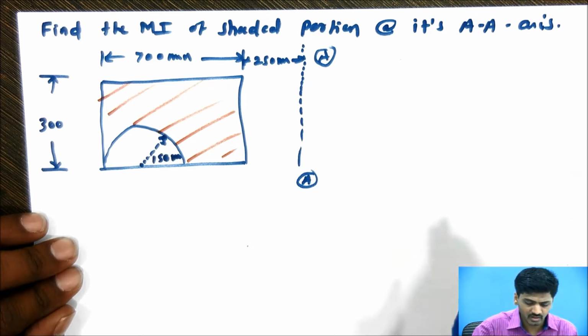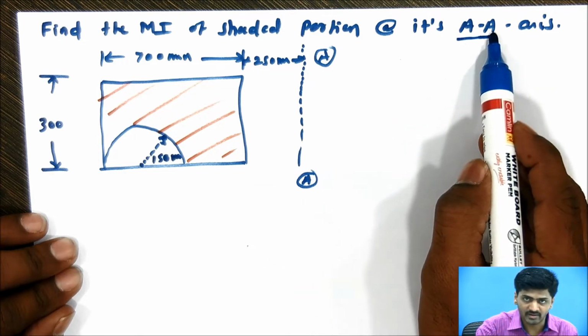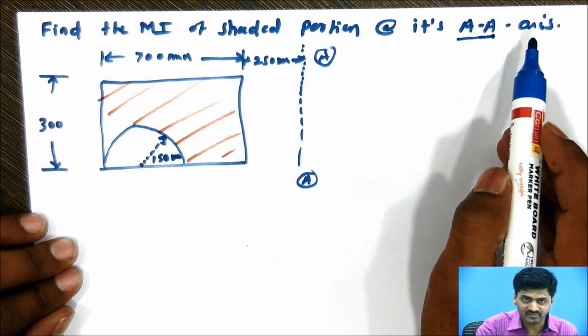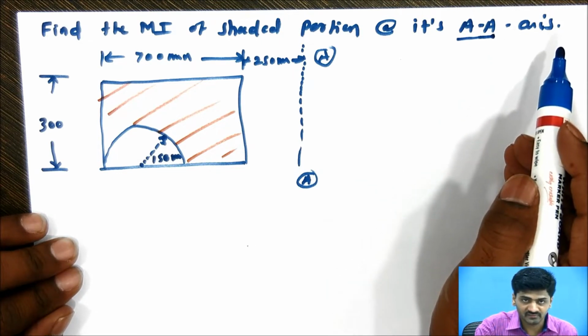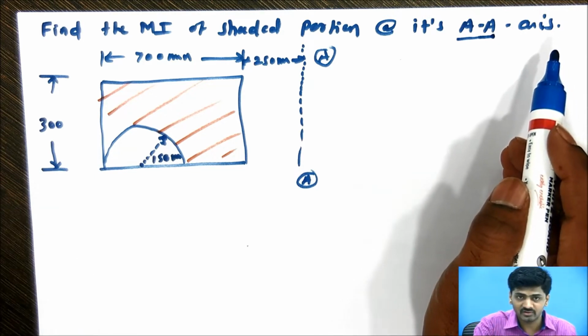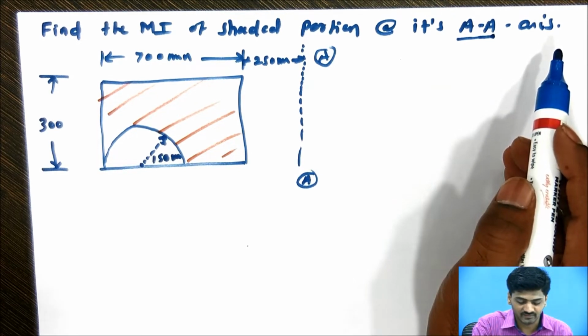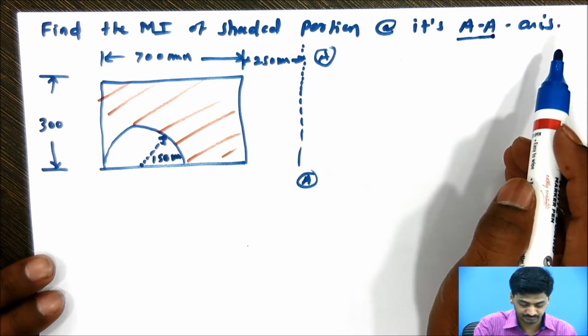But here in this particular problem, they have specifically mentioned to find the moment of inertia about the AA axis. There is no need to calculate x bar and y bar. Please take care: if they mention the centroidal axis, then it's your task to identify the moment of inertia about the given axis, that is xx or yy.